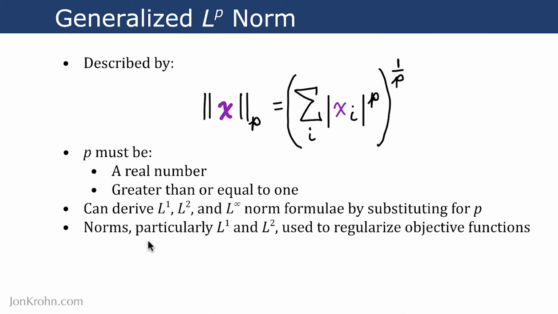Norms, particularly L1 and L2 norm, are used to regularize objective functions. This is a very specific but very common use case of norms that I want to mention here, and this is something that you'll see frequently in machine learning. If you are already familiar with machine learning, then you might know about L1 or L2 penalties of regression.